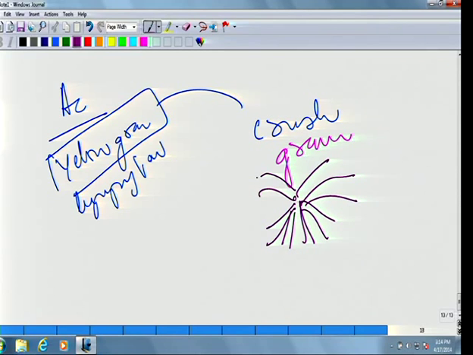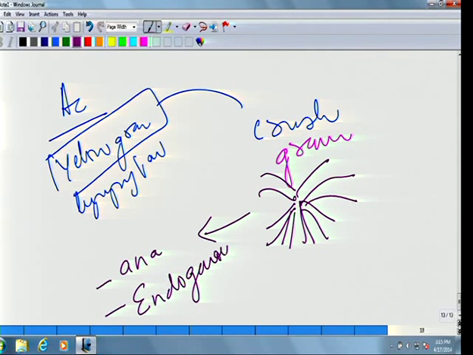So these yellow granules in the pus are nothing but clumped bacteria, and when you crush them, you will see the filamentous bacteria. Is actinomyces an anaerobe? Yes, it's an anaerobe. And what is the origin? It's endogenous. They are present on the mucous membrane.